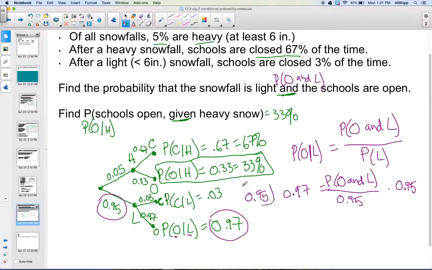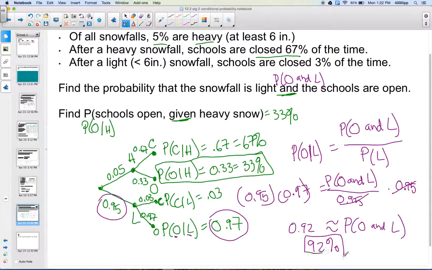These will cancel, and therefore the probability it is open and light will be, when we multiply 0.95 times 0.97, about 0.92 or 92% of the time. And that covers 12.2 conditional probability.